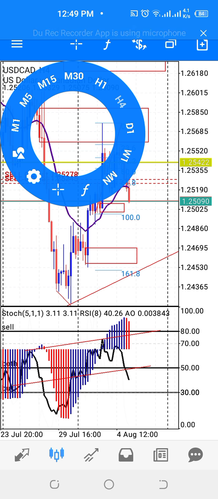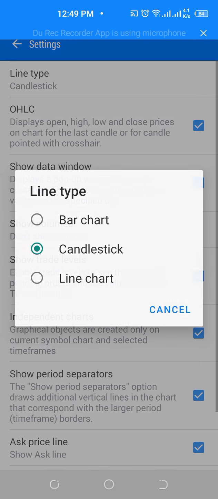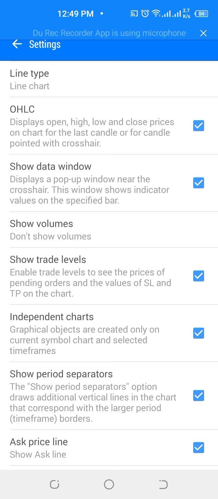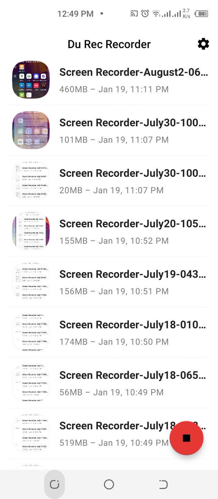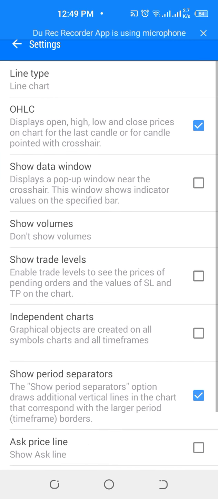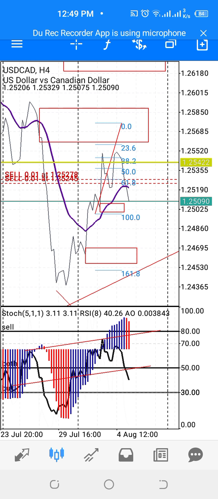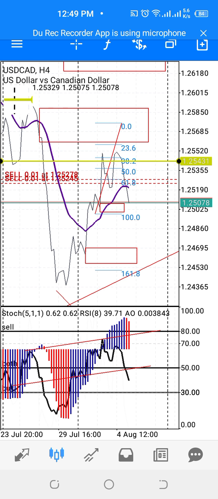So once again, I'm going to go to my line chart, and there you can see that the market is at support.